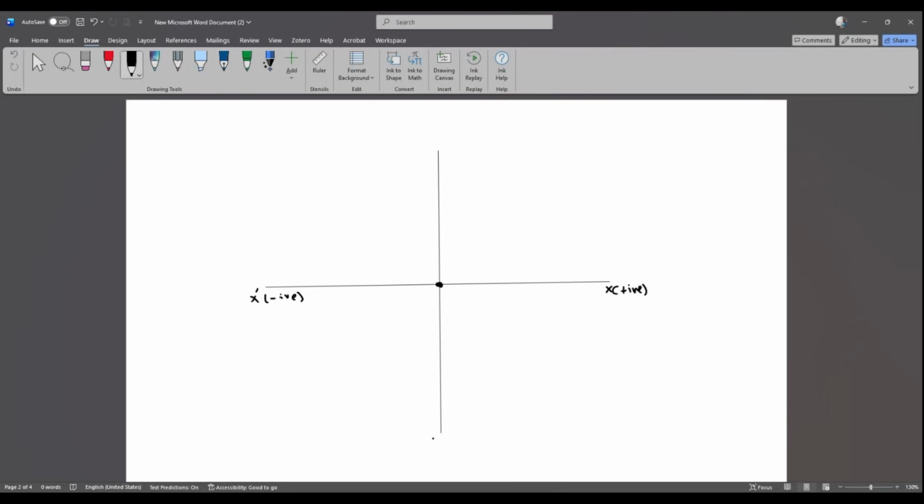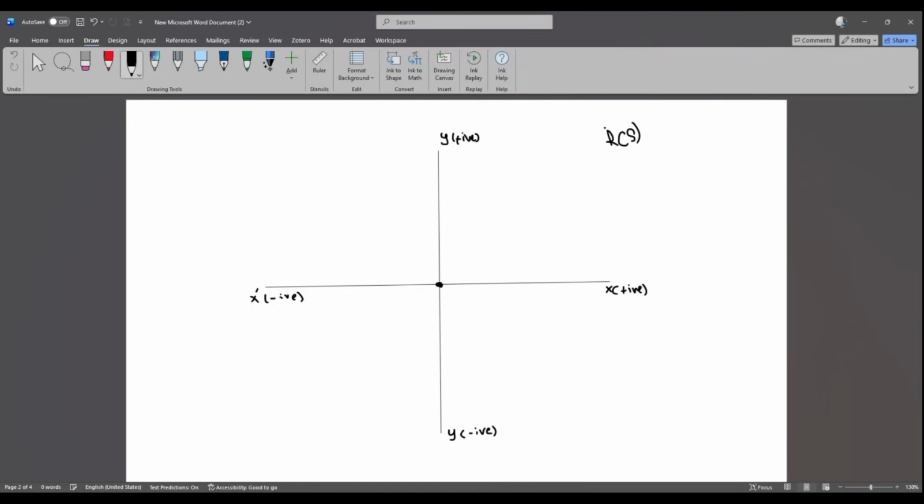Now, the vertical line, if we move above the origin, we call all of these points y values, and these y values are positive. And if we move down below the origin, we get the values of y which are negative. So in other words, the rectangular coordinate system or the Cartesian coordinate system constitutes two lines, one vertical and another horizontal. And this system is also called a rectangular coordinate system.